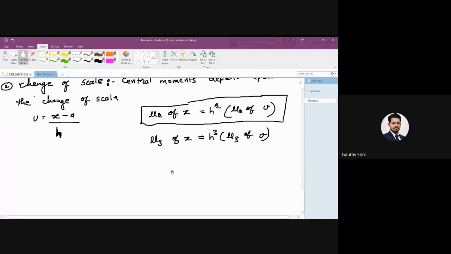Next one, the relation between moments about A and central moment.